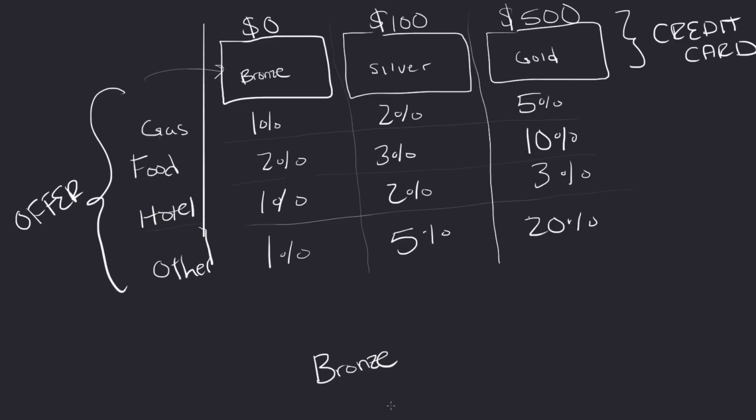And we would have to basically compute the cash back for every type of offer, right? But the thing is we don't really want to tightly couple offer types to the credit card because they're two totally unrelated things. The bronze credit card is here to give you metadata about the credit card itself, not to tell you about other offers. That's what the offer classes are for. So we want to avoid tightly coupling these offer computations.